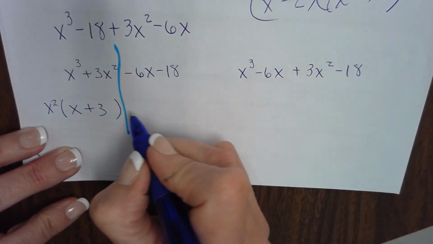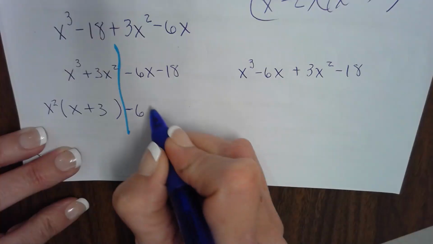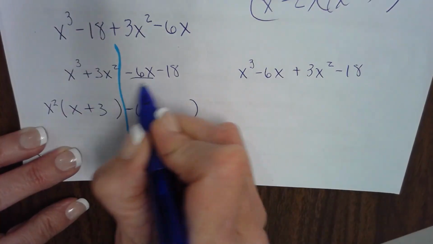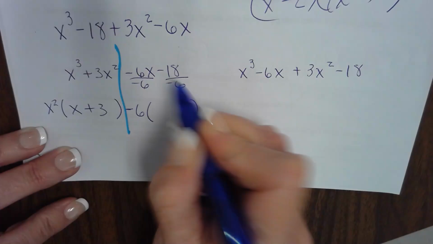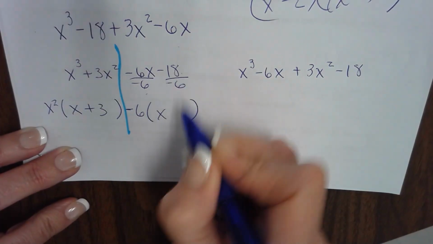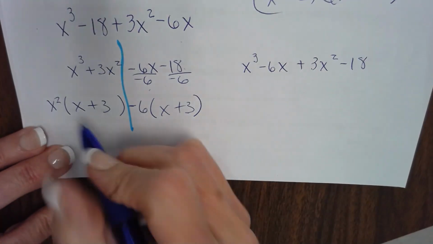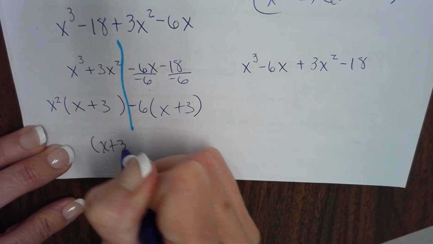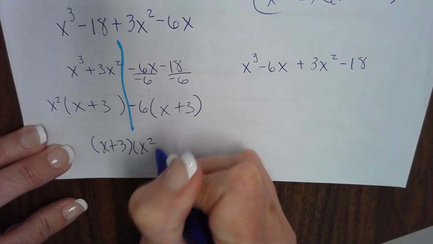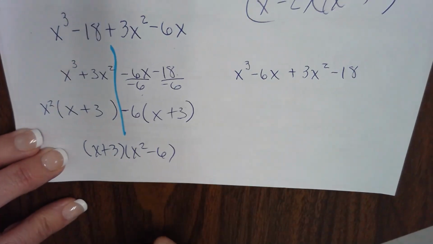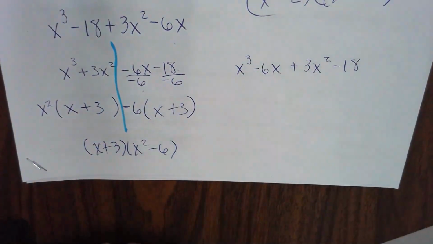Greatest common factor here is 6, but I'm going to pull the minus sign out. Here I'll get an x, and here I'll get a plus 3. It worked because now I have the same thing in the parenthesis, and then my other factor is x squared minus 6. Okay, now I'm going to do it this way.